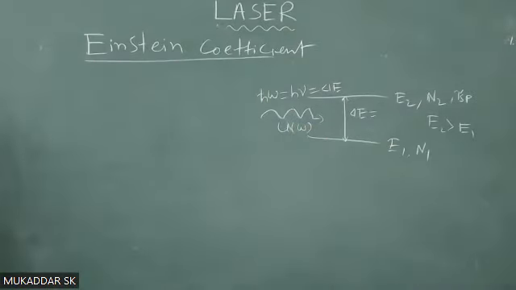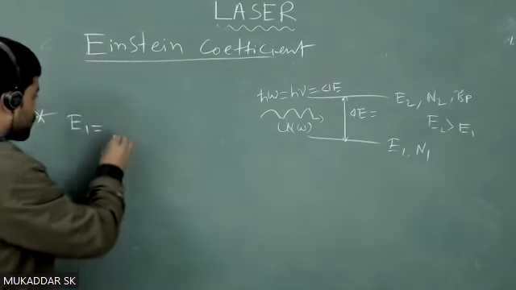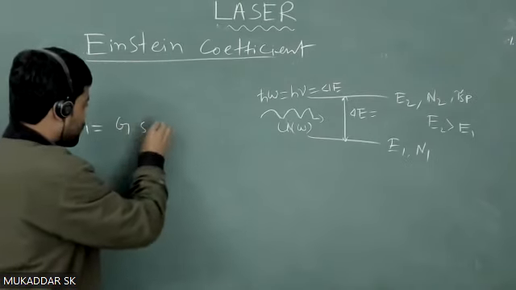Okay, to discuss this Einstein coefficient, we need to describe these parameters. What is E1 actually? E1 is the ground state energy level.